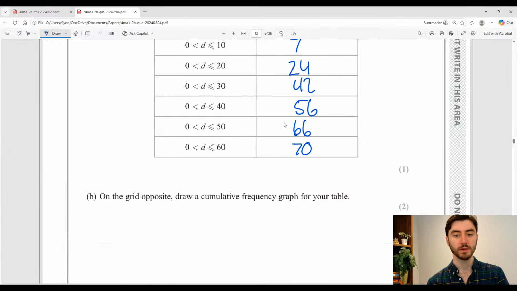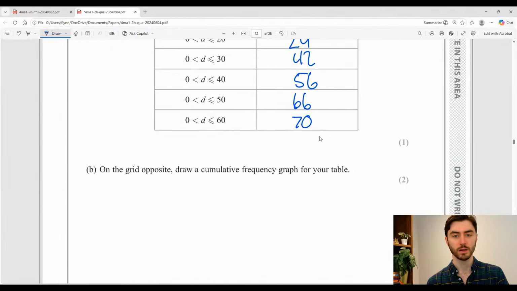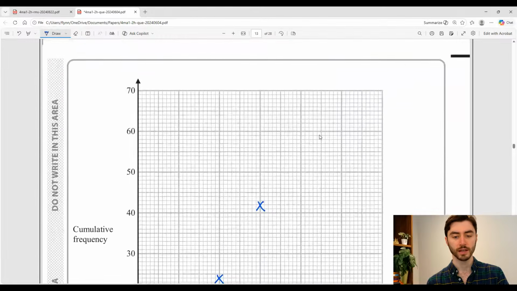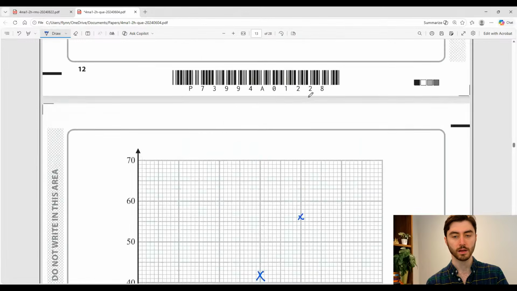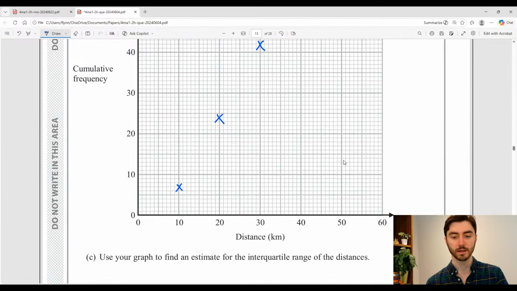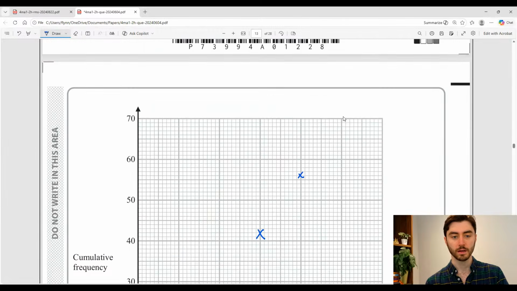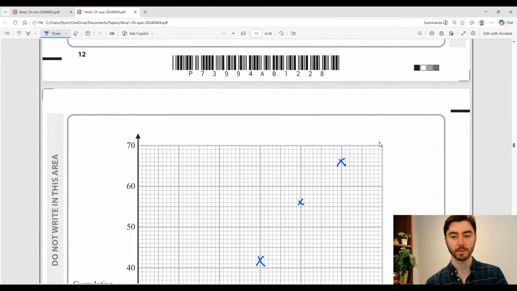At 50, we've made it up to 66. Nope, I've missed 40. 40 is at 56, which is here. 50 gets me up to 66, which is there. And I've hit 70 by the time I get to 60.